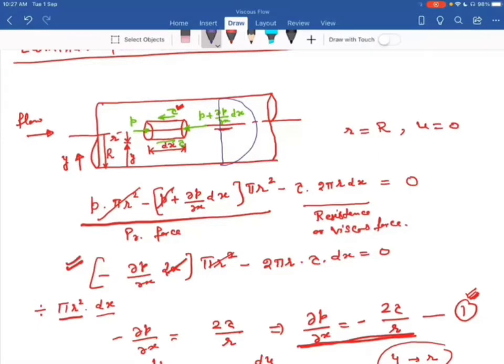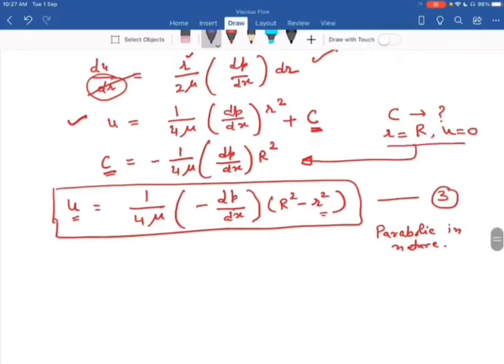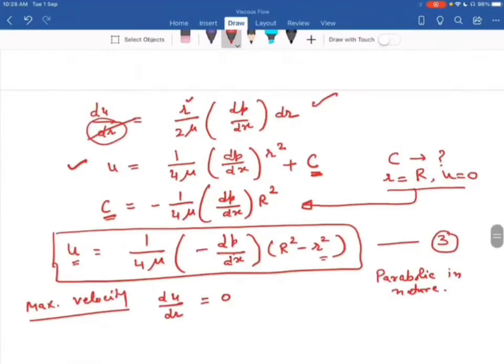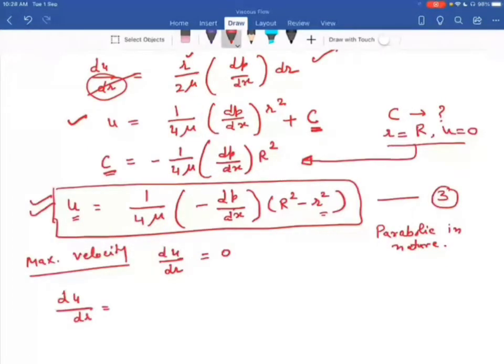So now I find out where this velocity is maximum. For that you can see the velocity profile. To find out maximum velocity, I put du by dr to 0. You can differentiate this relation. So du by dr, I can write it as 1 upon 4 mu, minus dp by dx.